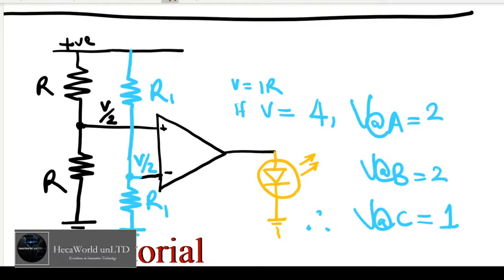The LED will glow under this condition. Now, if we change the value of R1, if we change the value of either of these R's, so let's say if we change this value, let's use this.